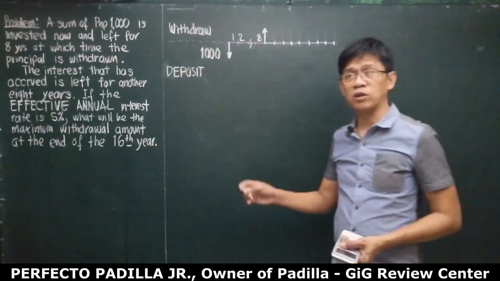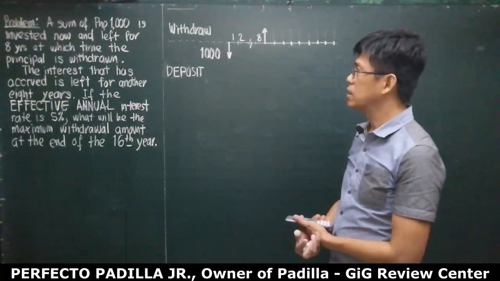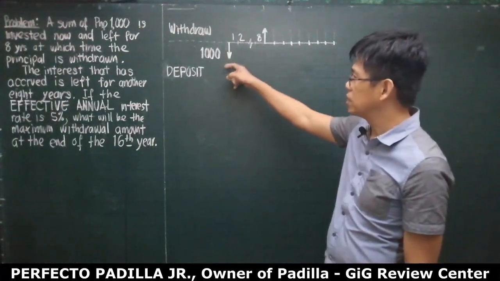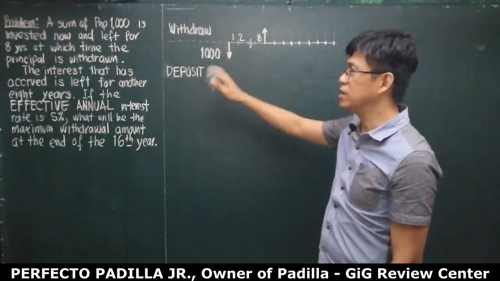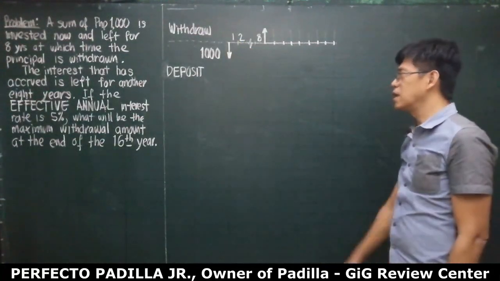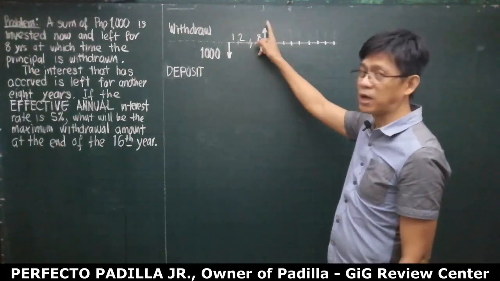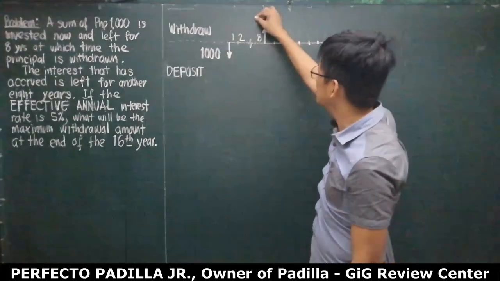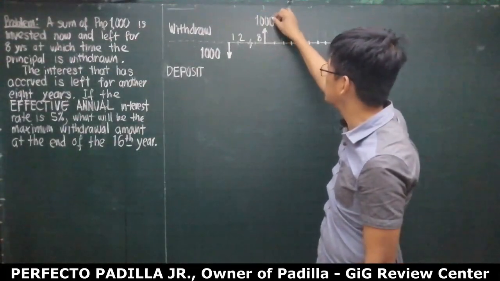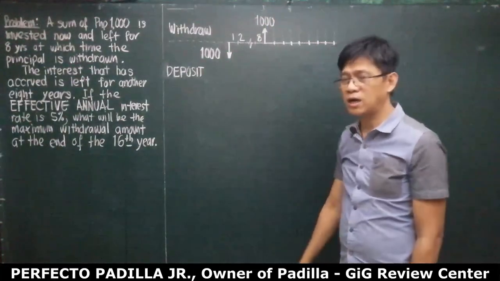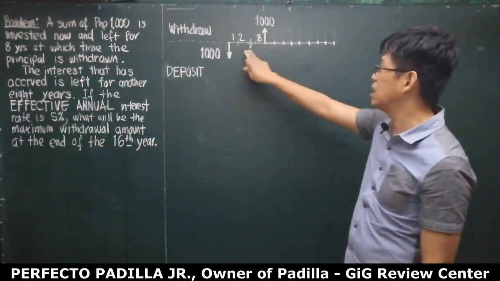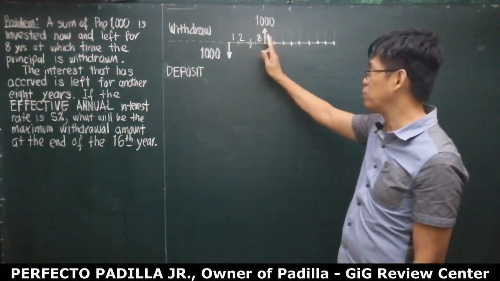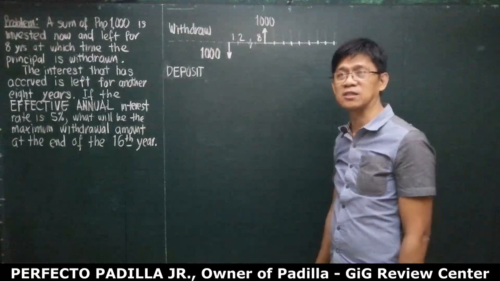In this particular problem, number 4, the sum of 1,000 pesos is invested or deposited for 8 years in a bank. Then after 8 years, that principal was withdrawn. So this is also 1,000. Now, the remaining balance is left in the bank dahil nag-earn naman ng interest. So pag withdraw nito, may natitirang interest.